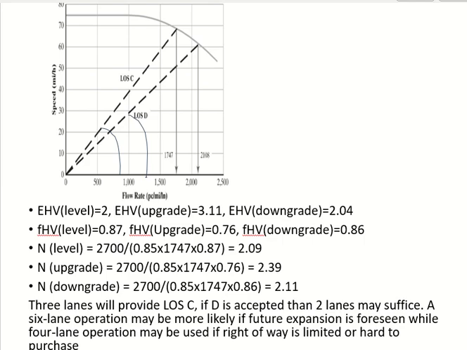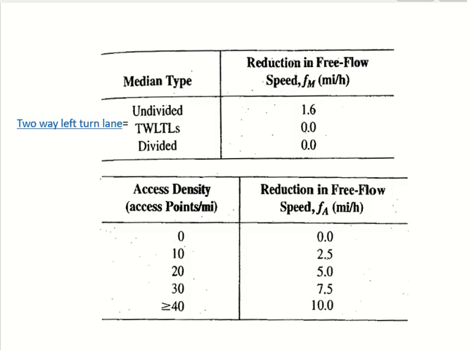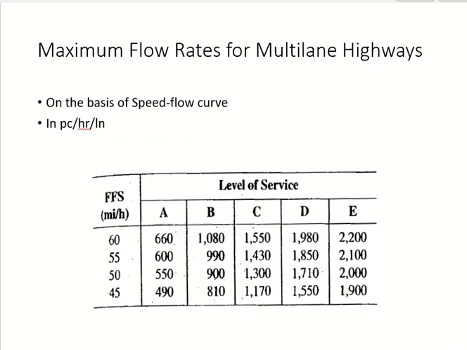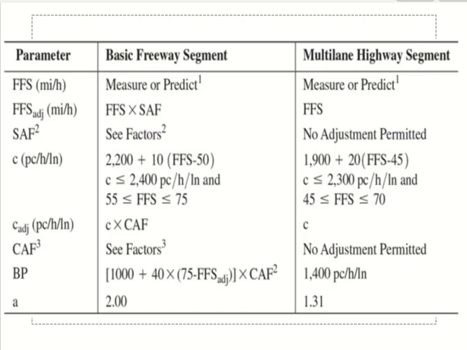Now, I will go directly to the last point of the curve. What is the last point of the curve? Capacity. To plot the last point of the curve, I need capacity. What is the capacity here?